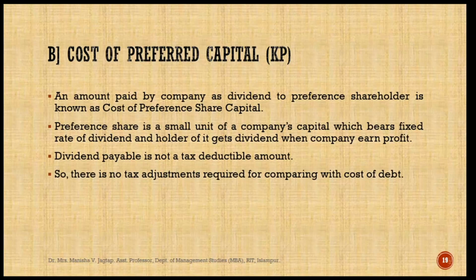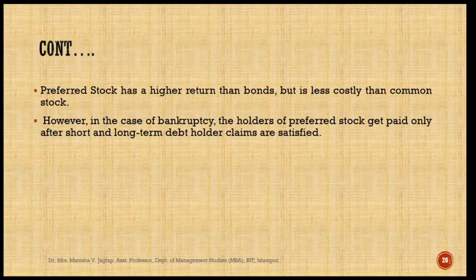Again, the dividend paid to preference share capital is not tax deductible like the cost of debt, though they are getting a fixed amount as a dividend. Preferred stock has higher return than bonds, but is less costly than common stock. That means preference shareholders get more returns when compared with debenture holders or bondholders, but it is less costly than the equity shares.